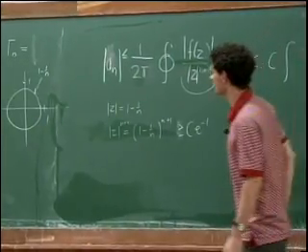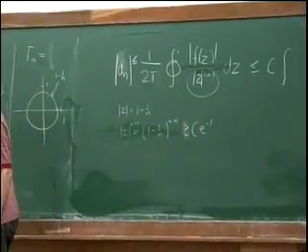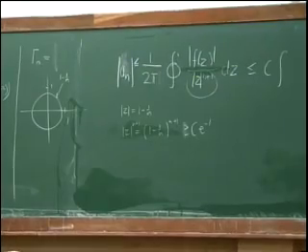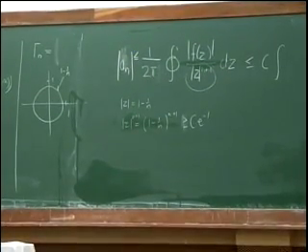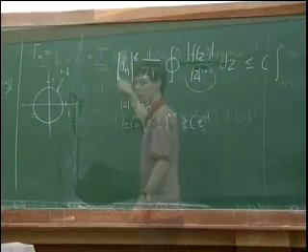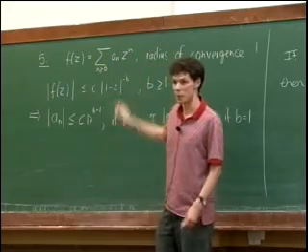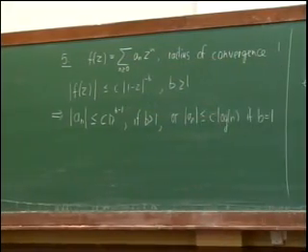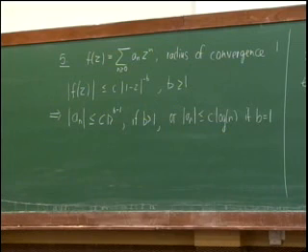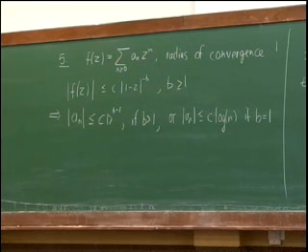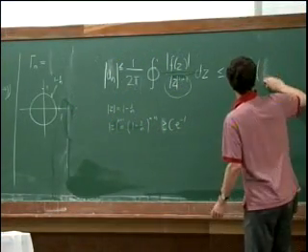And so we need to evaluate the absolute value of 1 minus z to the power minus b on this contour, and this will give us a formula. Maybe I'll just write down the result.